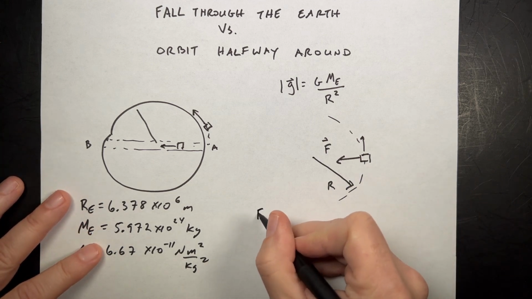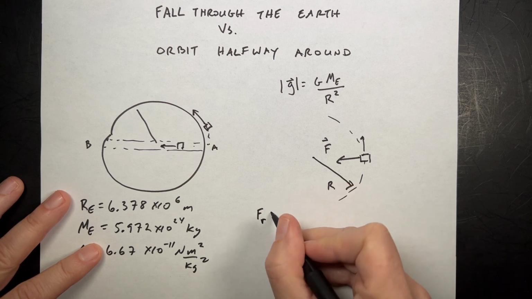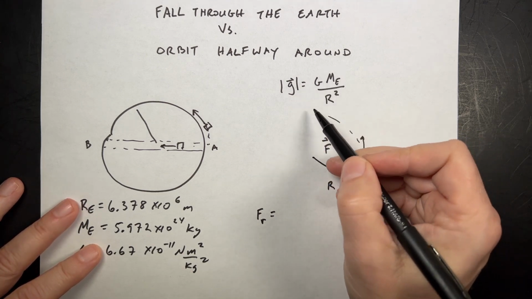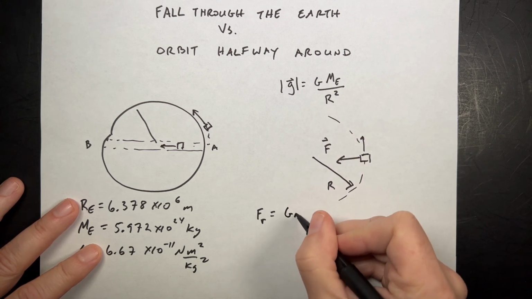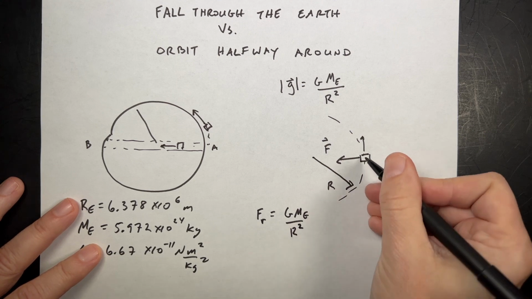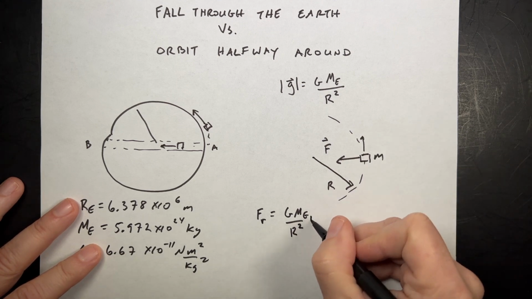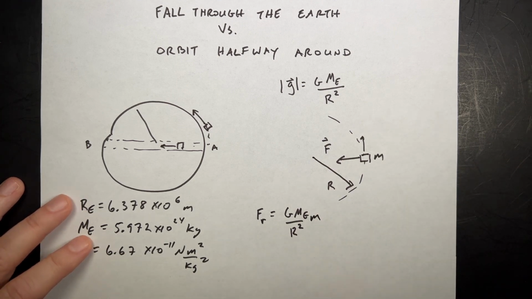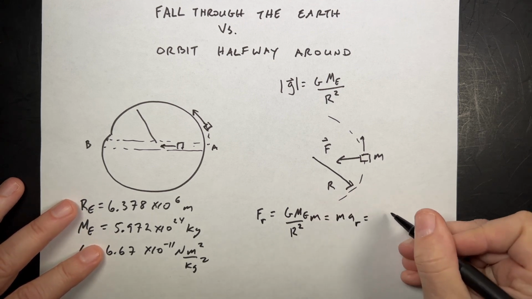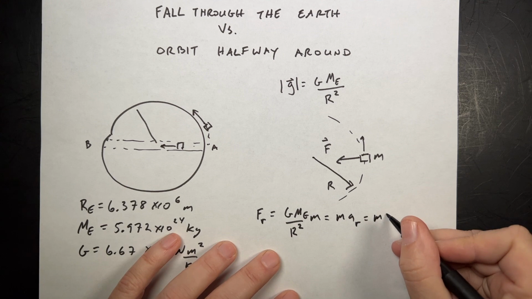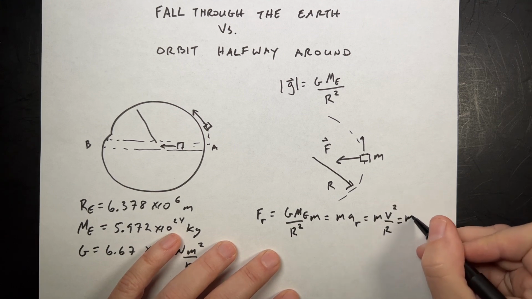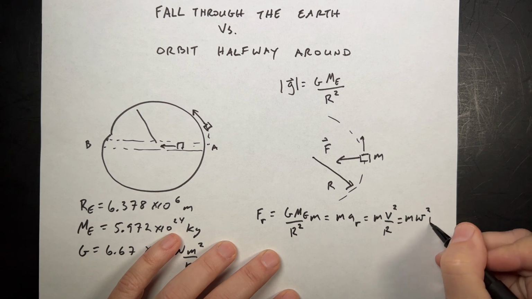F_r, the force in the r direction, is going to be equal to the gravitational force, which is G, mass of the Earth, over the radius of the Earth squared, times the mass of the object, I'll just call that m. And that's going to be equal to the mass times acceleration in the r direction, which is equal to mass times the velocity squared over r, or mass times omega squared times r.